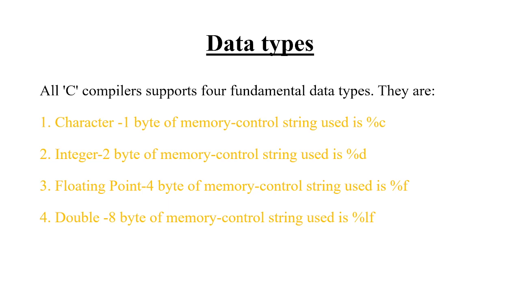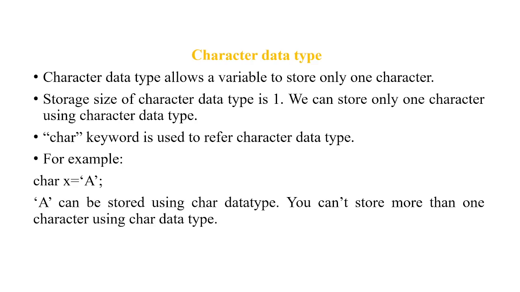Now let us move to these data types in detail. Character data type. It allows a variable to store only one character. So it needs 1 byte of memory to store one character value. And char is the keyword used to refer to the character data type.